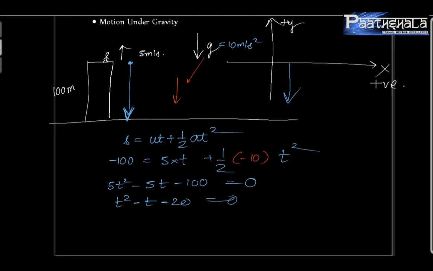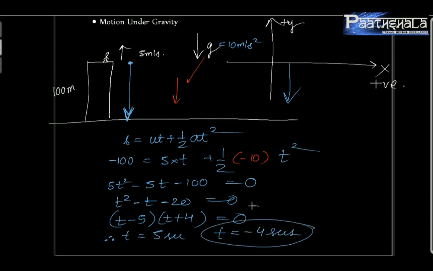Minus 20 can be written as minus 5 plus 4, right? Minus 5t plus 4t. So t minus 5 and t plus 4 is equal to 0. Therefore t is equal to 5 seconds, or t is equal to minus 4 seconds.